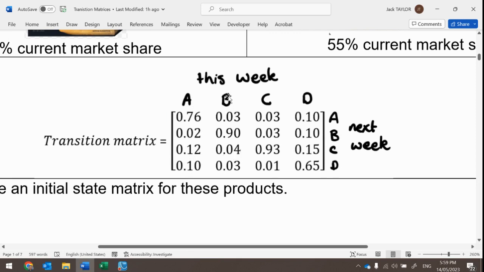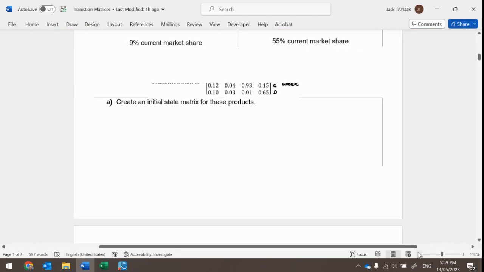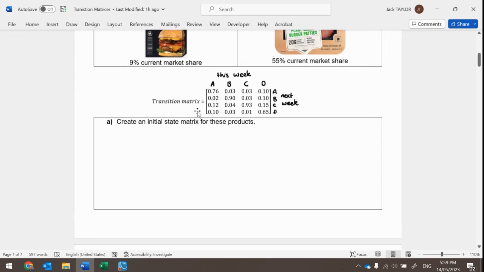This 0.04 means 4% of people that buy B one week will buy C the next week, and so on. 0.93 means that 93% of people that buy C will buy C again. So that's the transition matrix for all 4 products there.